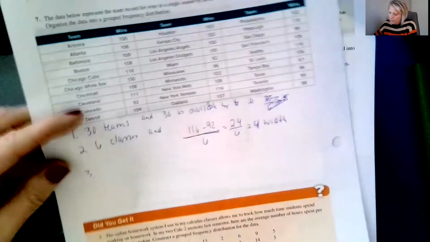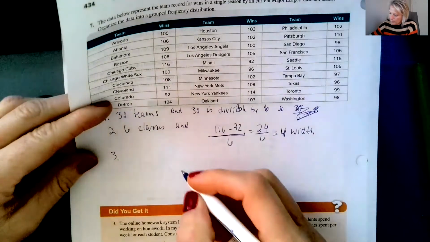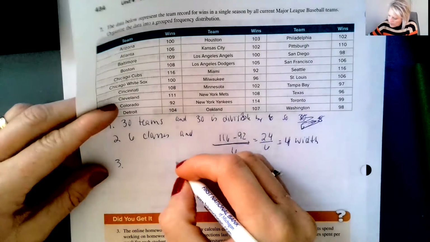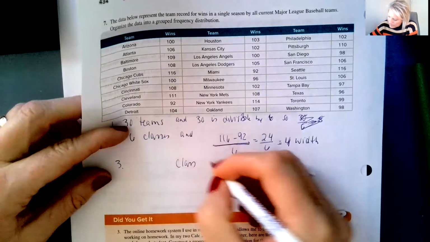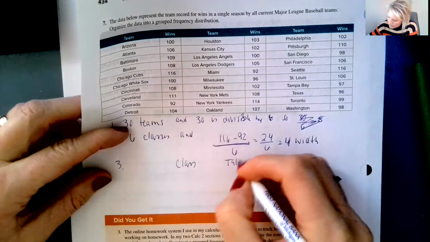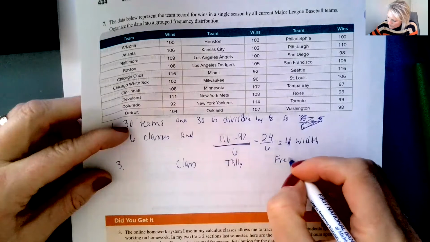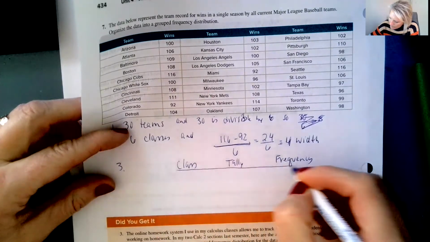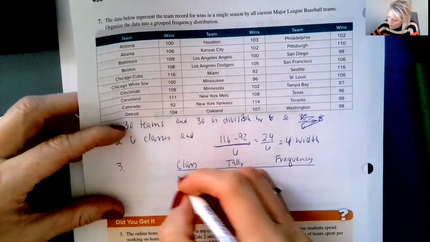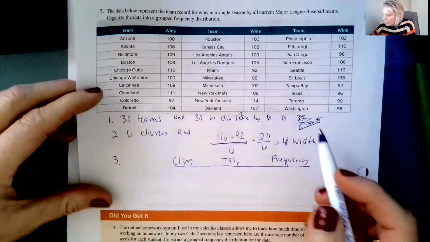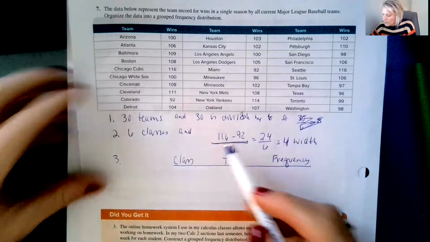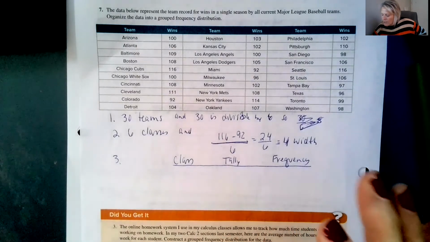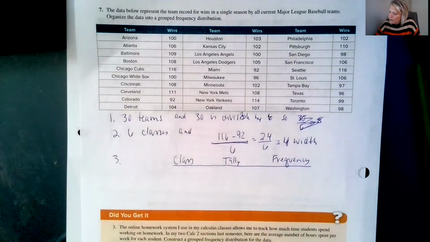So I'm going to do my class, and then my tally, and then my frequency. I'm going to start with, we go from 92 up to 120. So how about we start with 92?